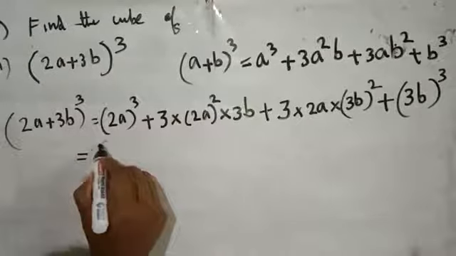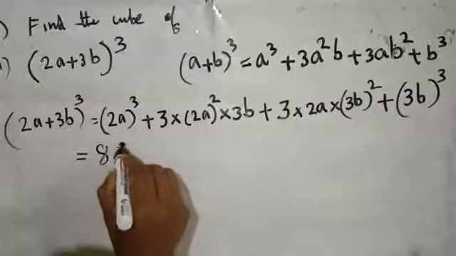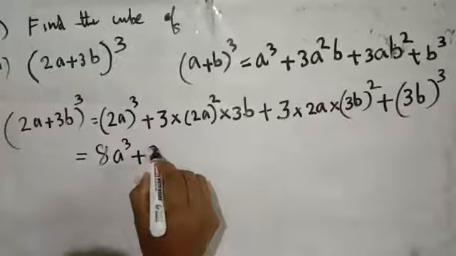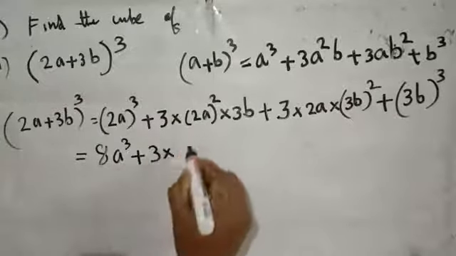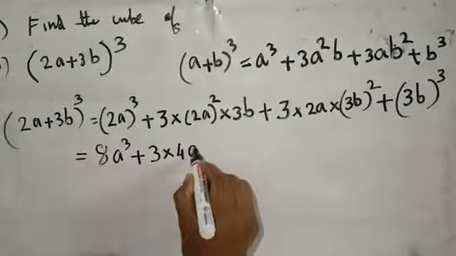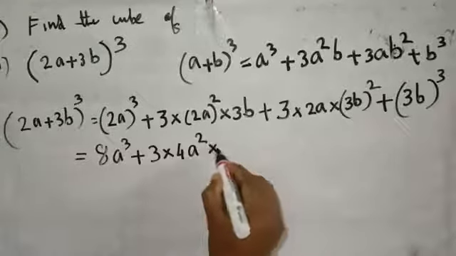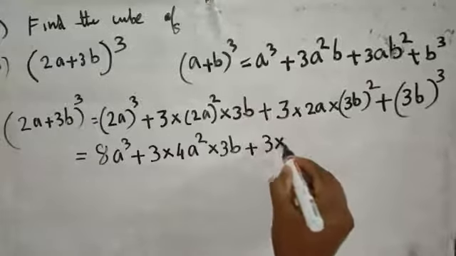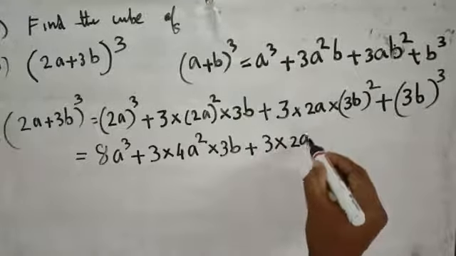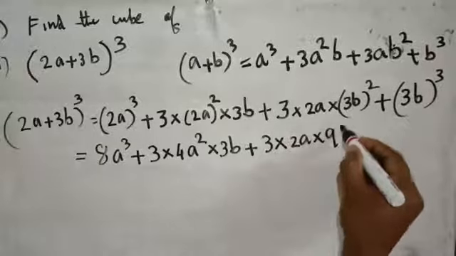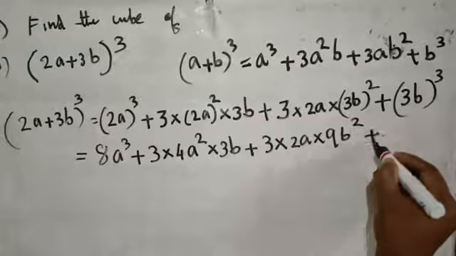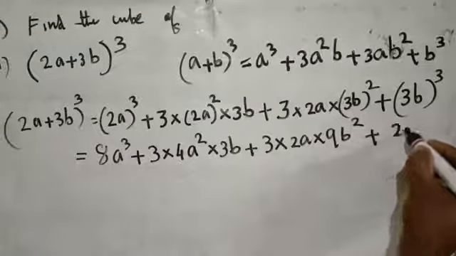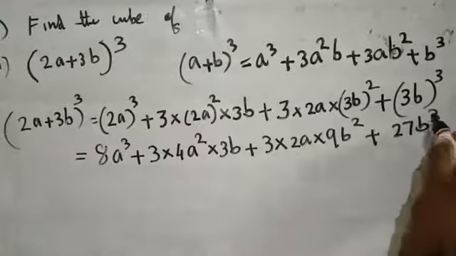Now 2 cube is 8. So 8a cube plus 3 into what is 2 square? 4. So 4a square into 3b plus 3 into 2a into what is 3b square? 9b square plus 27b cube.